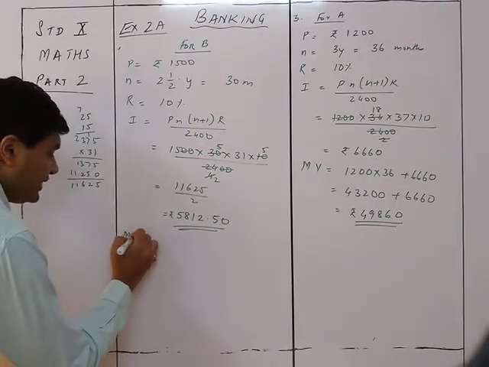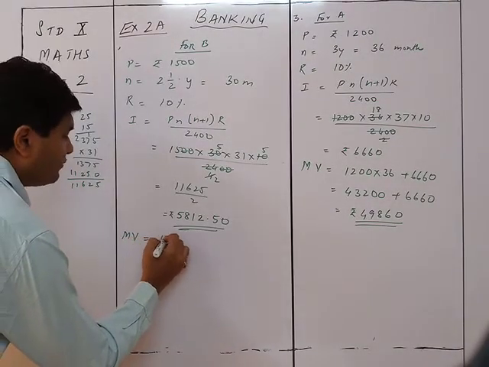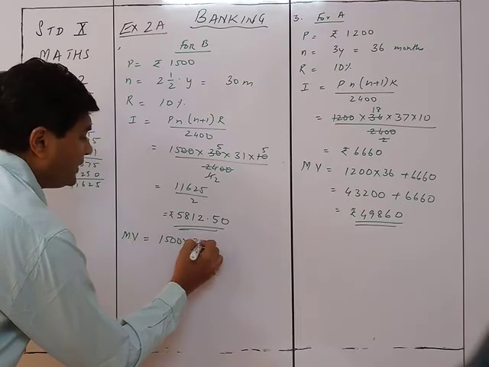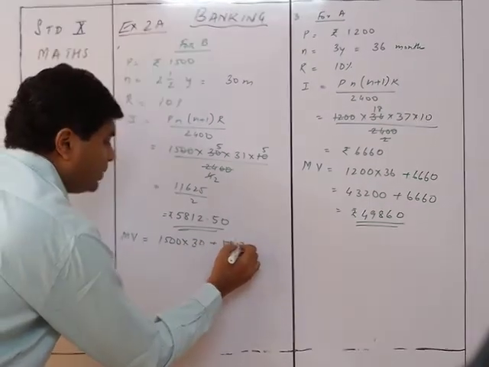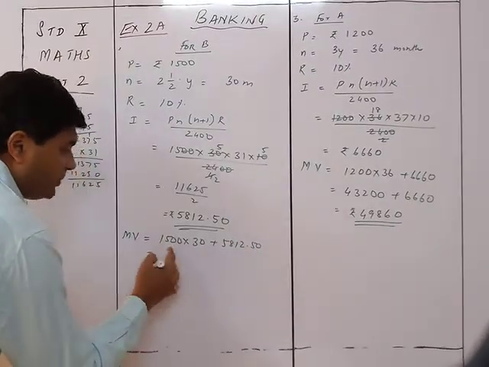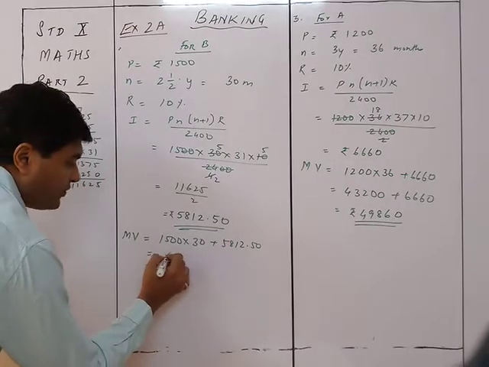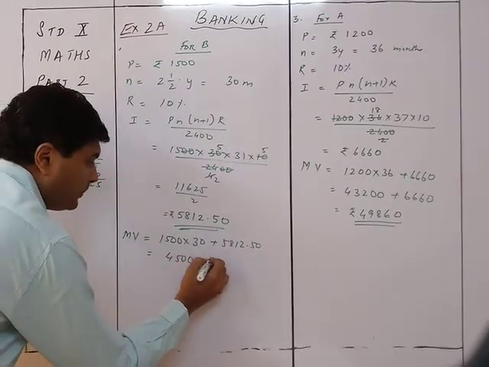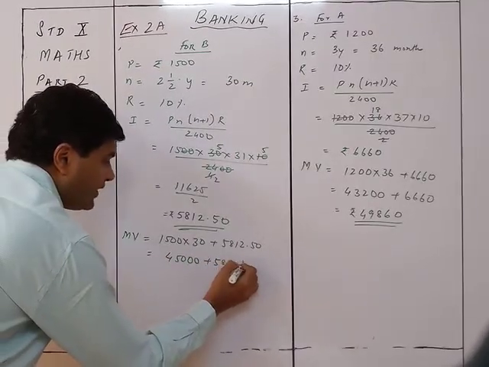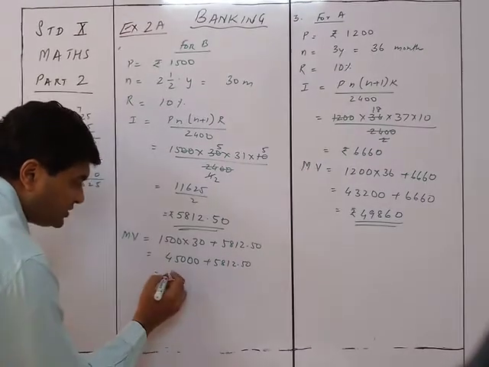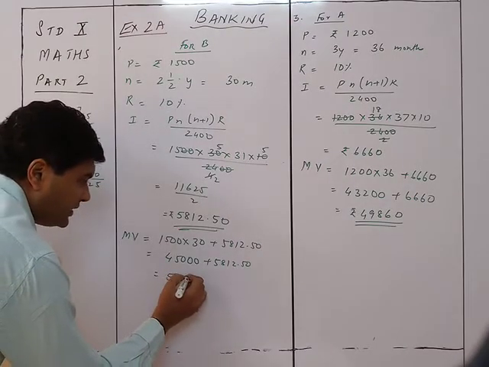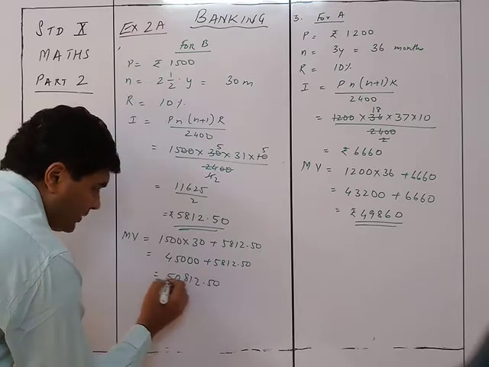Accordingly, maturity value will be equal to 1500 into 30 plus 5812.50. That is 45,000 plus 5812.50, which gives me 50,812.50.